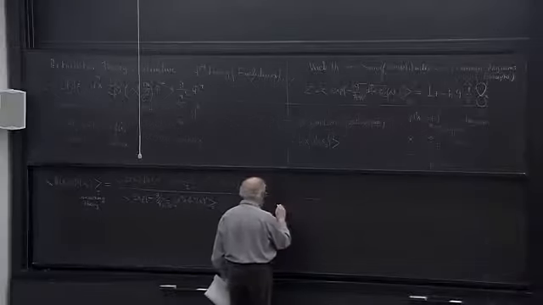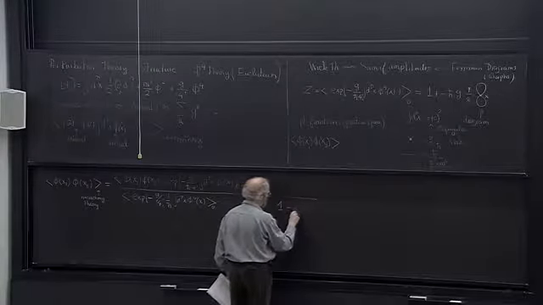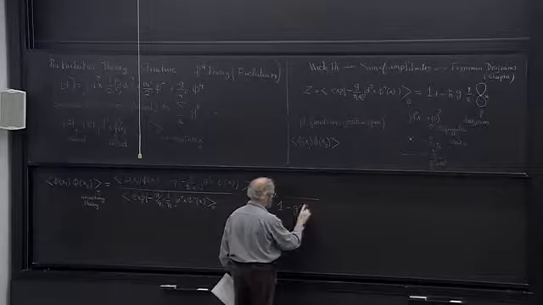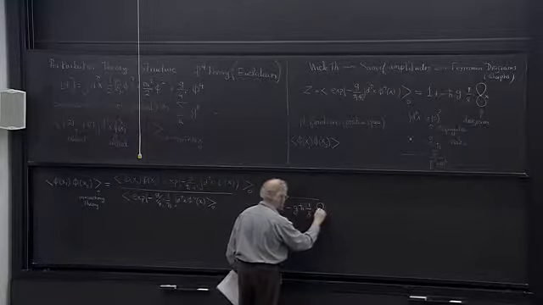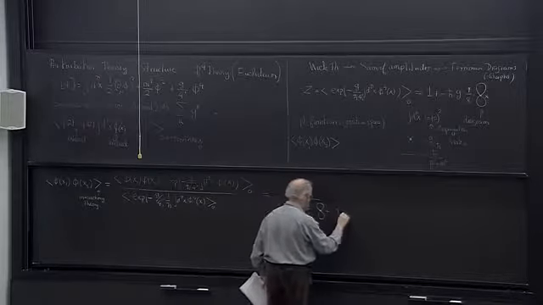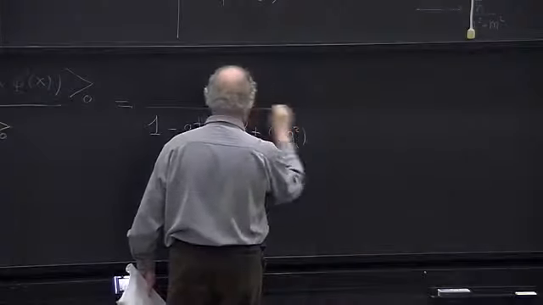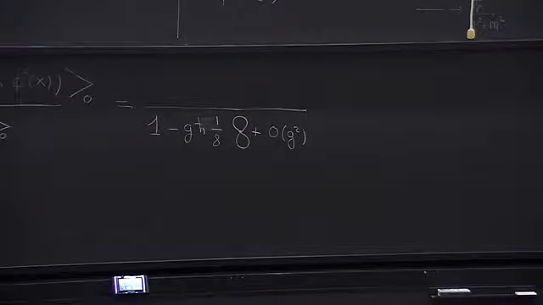The denominator is 1 minus g h bar 1/8 times this diagram plus higher order terms. And the numerator is something we have to compute.